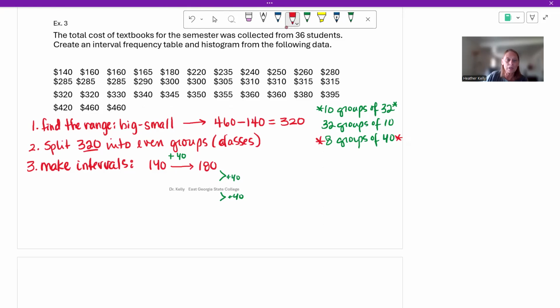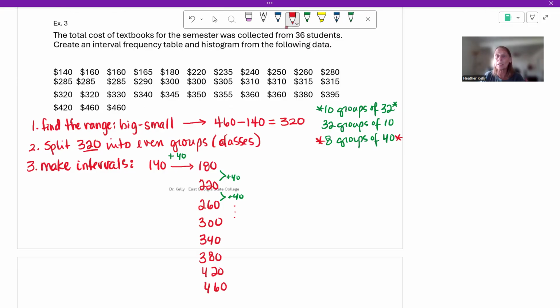All right, so 180 plus 40 is 220, plus 40 is 260, plus 40 is 300, plus 40 is 340, plus 40 is 380, plus 40 is 420, plus 40 is 460. So we've added 40 all the way down until we got there.